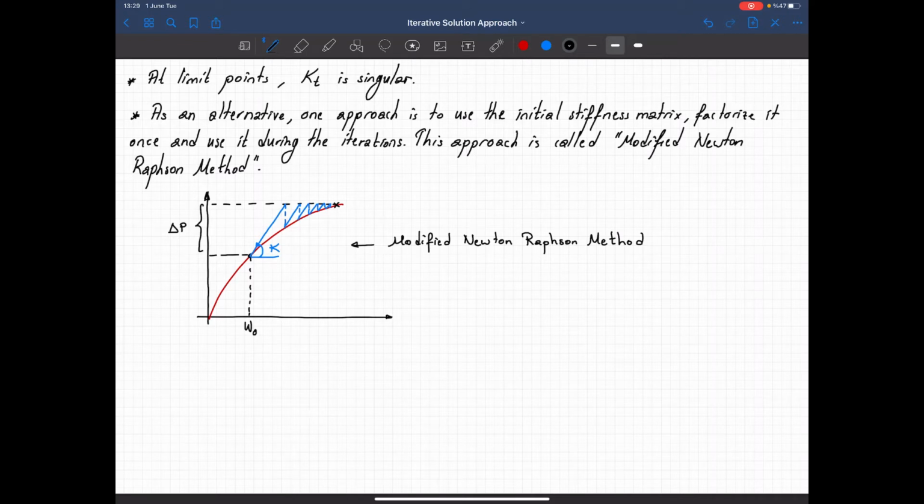Now, using the iterative methods by themselves gives us just a single point, the equilibrium point. But sometimes we might want to calculate the full load deflection curve, and for this purpose we use a combined incremental and iterative approach.